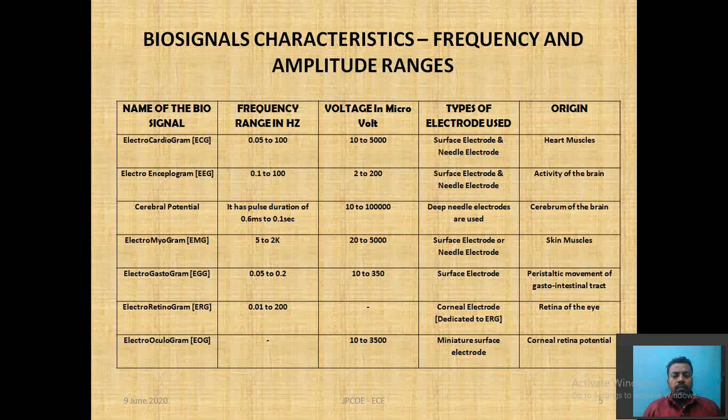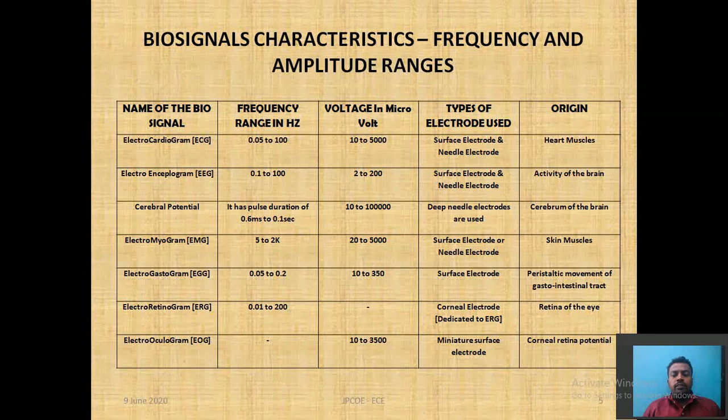The frequency range of ECG is from 0.05 to 100 hertz. The voltage range is from 10 microvolt to 5000 microvolt.